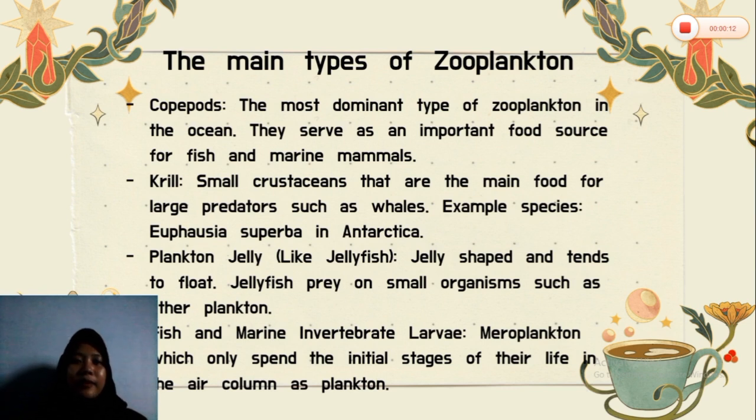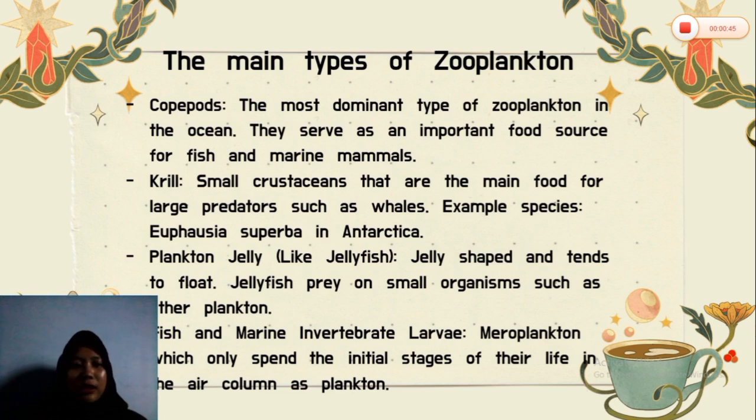The main types of zooplankton. The first, copepods, the most dominant type of zooplankton in the ocean. They serve as an important food source for fish and marine mammals. Number 2, krill, small crustaceans that are the main food for large predators such as whales.